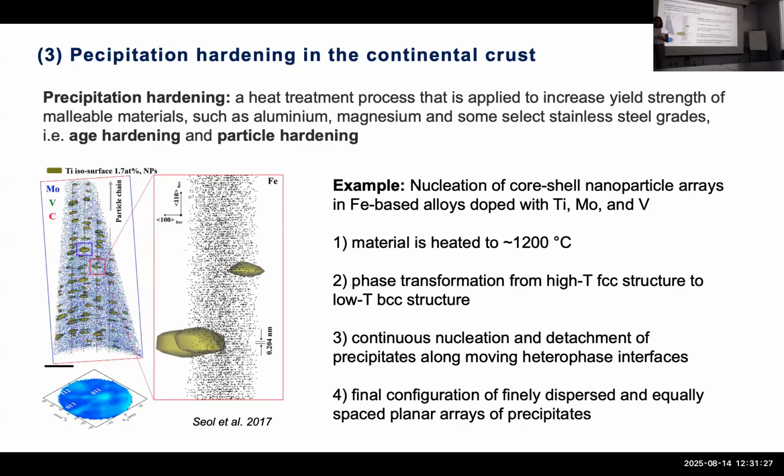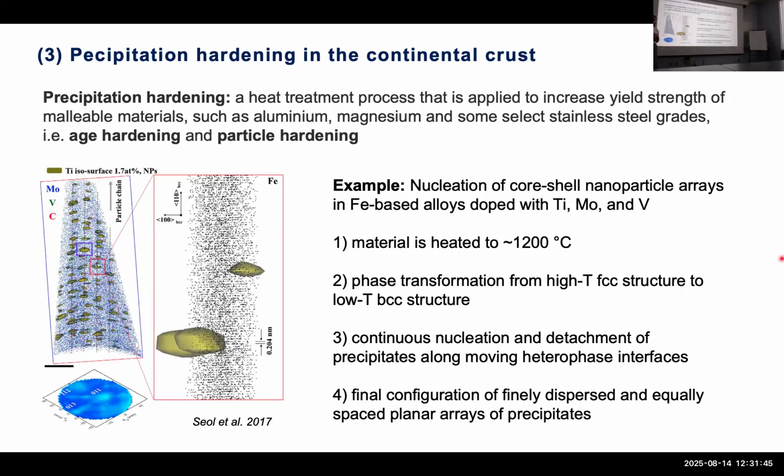So the example that I'm showing here is a specific case where we applied a heat treatment on an iron-based alloy that was doped with other elements, including titanium, molybdenum, and vanadium. And we induced the nucleation of core-shell nanoparticles through this heat treatment.